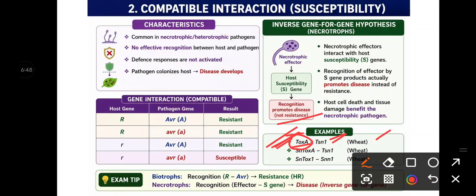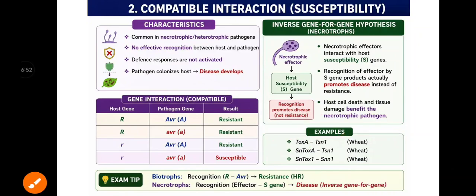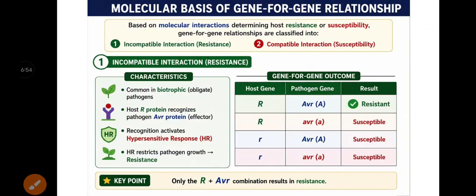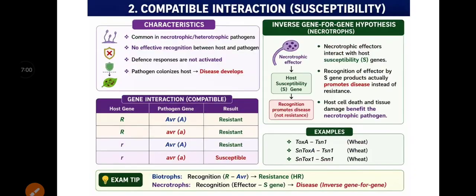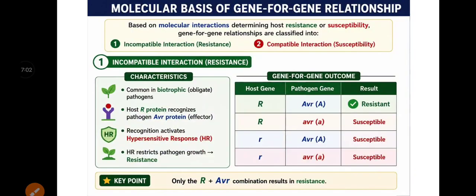So this is about the basic interaction, or molecular basis for gene relationship. So two major types of interaction occur: incompatible and compatible. Incompatible interaction for biotrophic pathogen, where the R gene and the AVR gene interact, resulting in hypersensitive response.